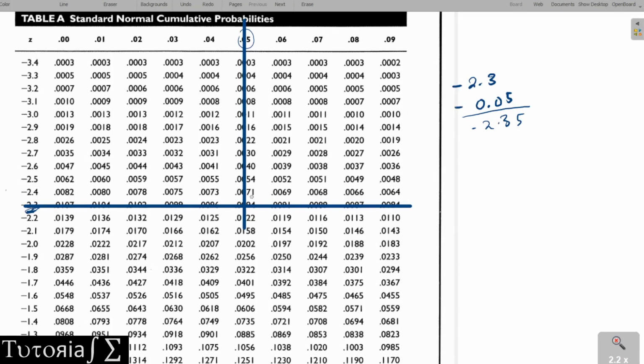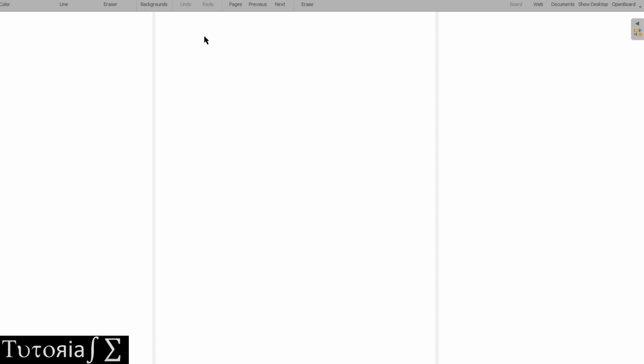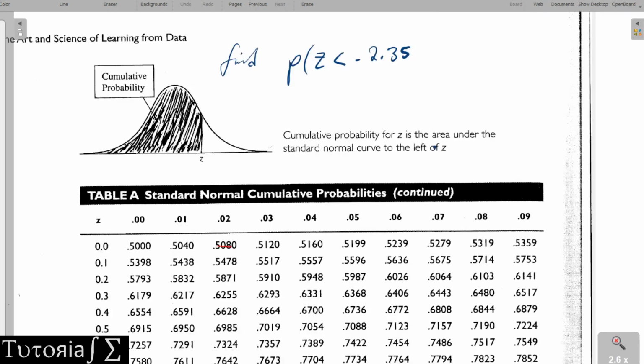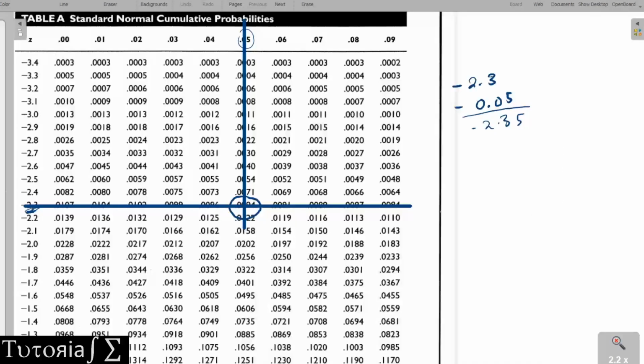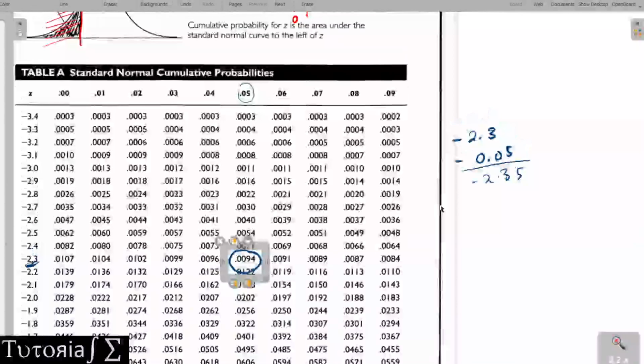So we can get this out, and that is our answer, 0.0094. Okay, there is a point there.